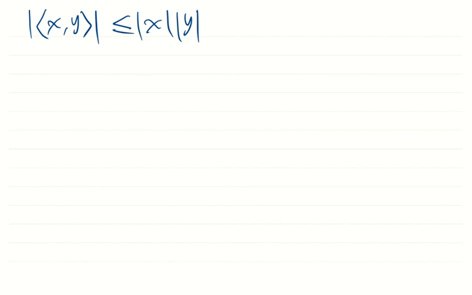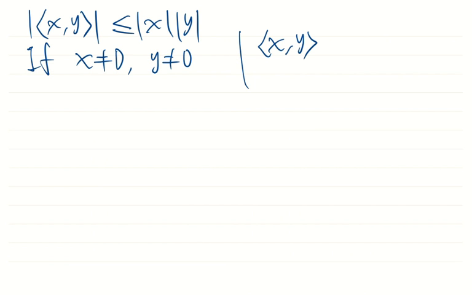Now we will go back to the Cauchy Schwarz inequality. It says that for x and y, the absolute value of their inner product or scalar product is not greater than the product of their norms. Okay, so if x and y are not 0, the absolute value of this fraction, the inner product of x and y divided by the product of their norms, will be not greater than 1.